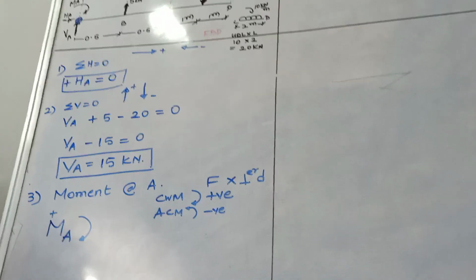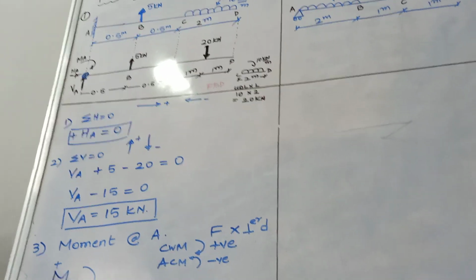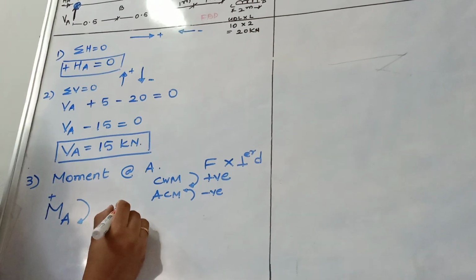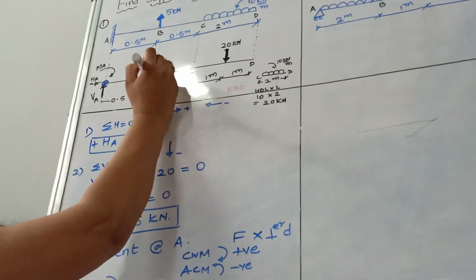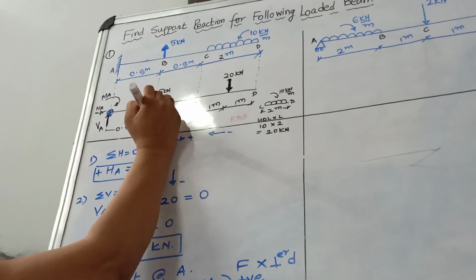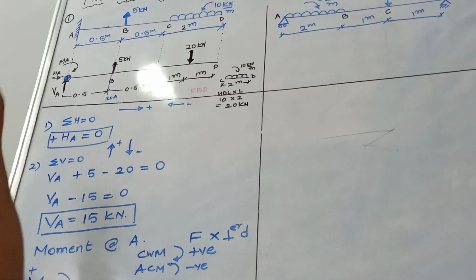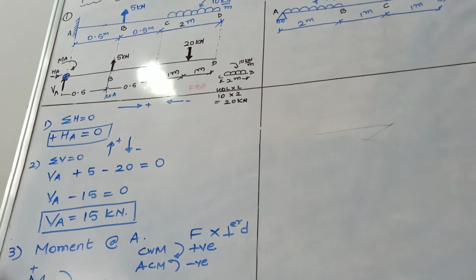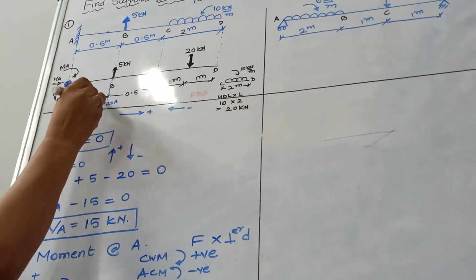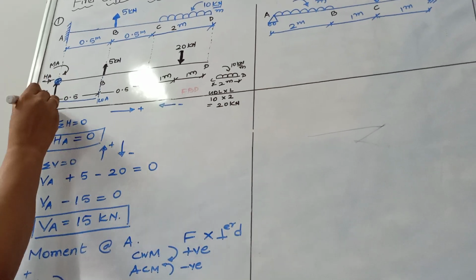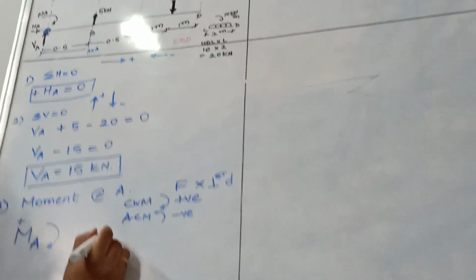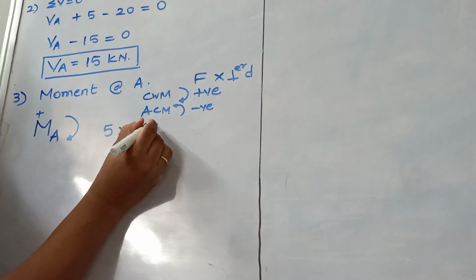So MA is clockwise, positive. Second is 5. What is the line of action? I'm extending it in the downward direction. This is the line of action. What is the point? A. What is the distance up to point A? 0.5. So 5 into 0.5.